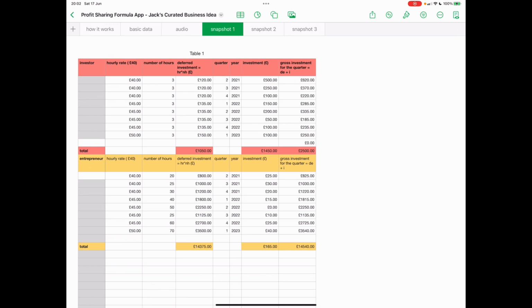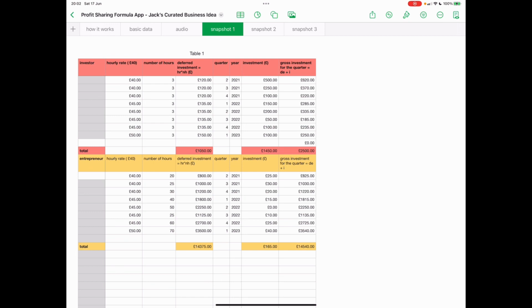Now, the financial investment. The deferred investments we calculated were based on the effort or the time they spent on the business or the project. Now, in terms of putting money down, the investment, you can see that the investor put in about £500 initially.